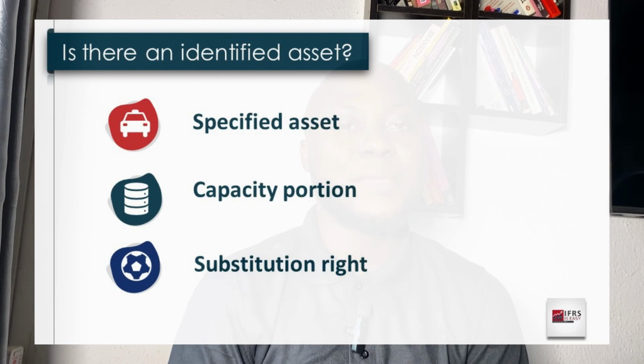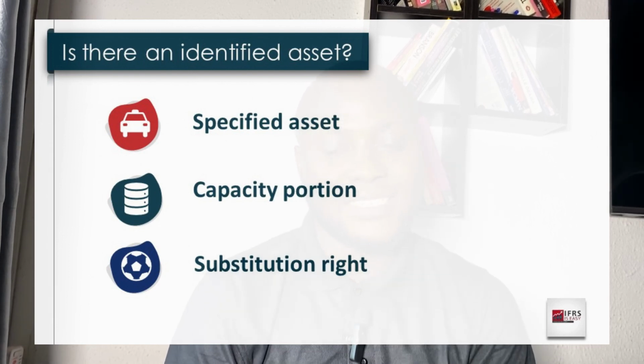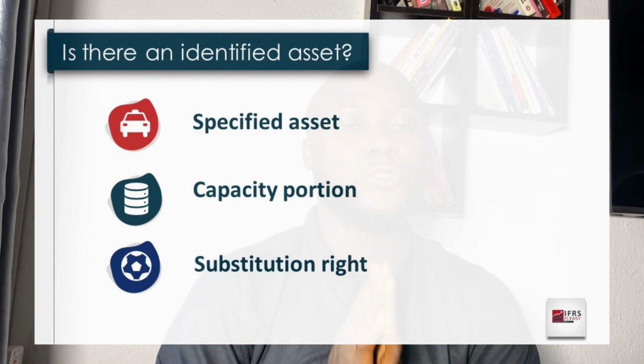And the last item is that your supplier must not have a substantive substitution right. If your supplier can replace the asset, then you don't have an identified asset. And once you fail any of those three, automatically you do not have a contract that is a lease, meaning it does not meet the definition of a lease contract.